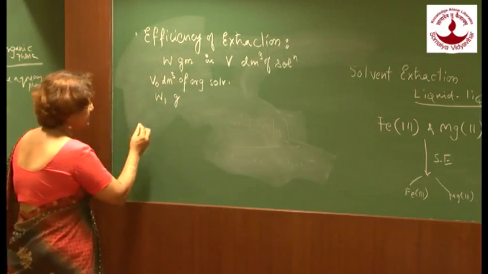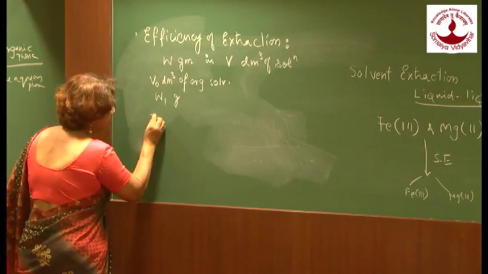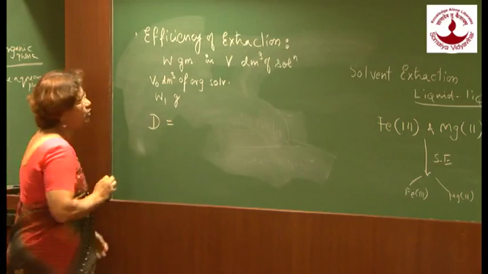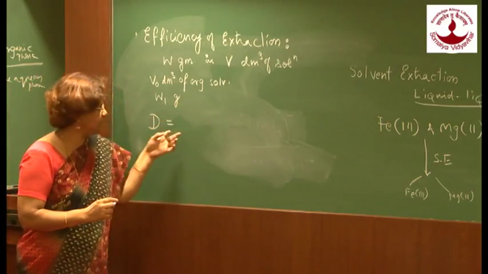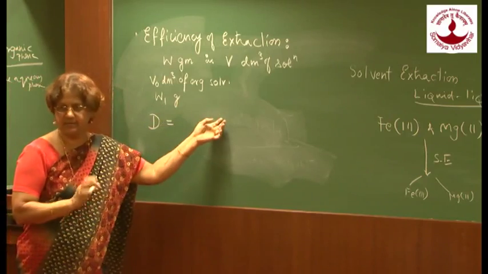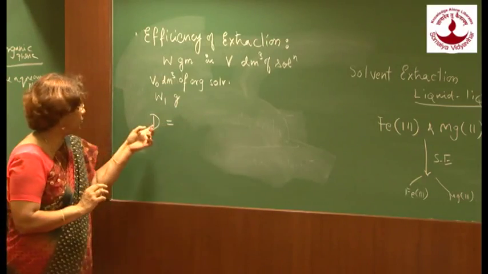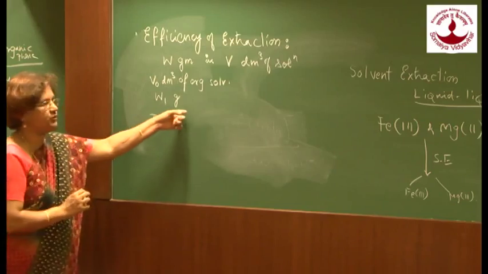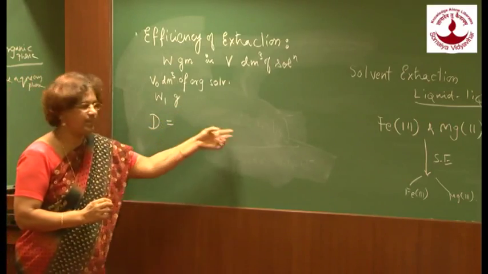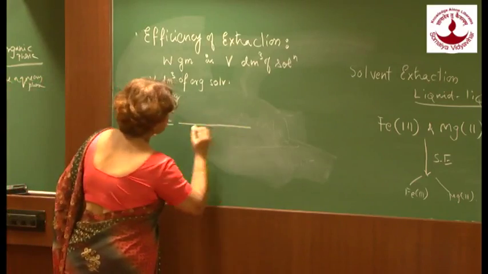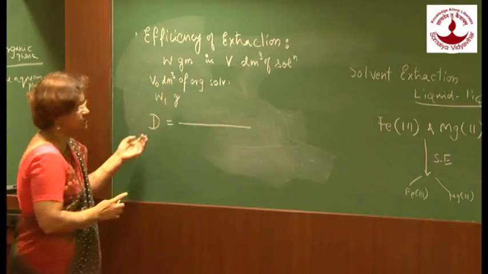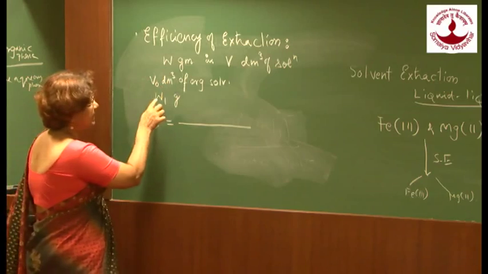Alright, putting it in the expression for distribution ratio, D is equal to concentration of the solute in the organic phase in all its forms, that is understood. So D is equal to concentration of the solute in the organic phase divided by concentration of the solute in the aqueous phase. So what is the concentration of the solute in the organic phase?